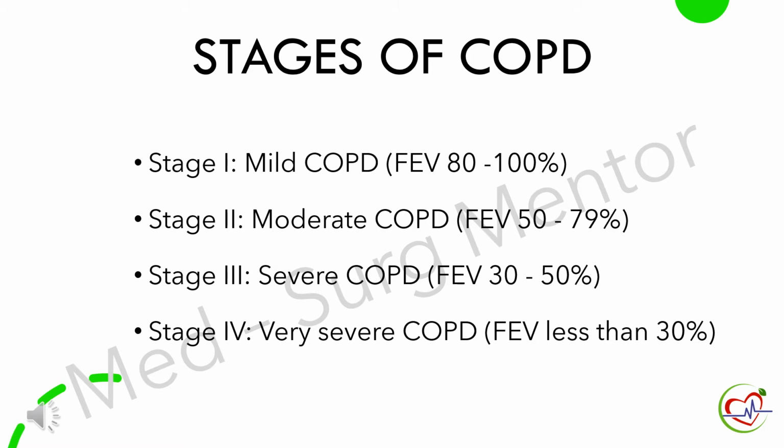During this stage, patient will have difficulty in catching breath and doing activities of daily living. In stage 4, that is very severe stage, forced expiratory volume is less than 30% of the normal value, and blood oxygen level will be very low. This stage could be managed only by surgeries.